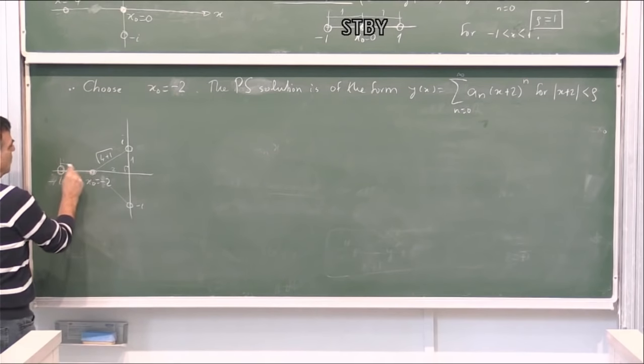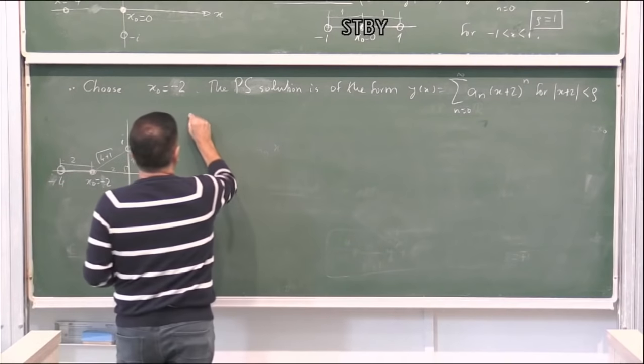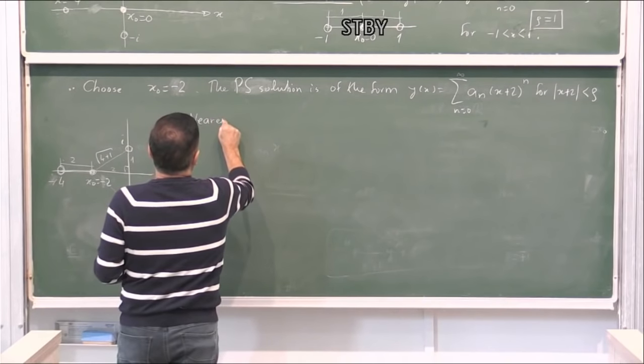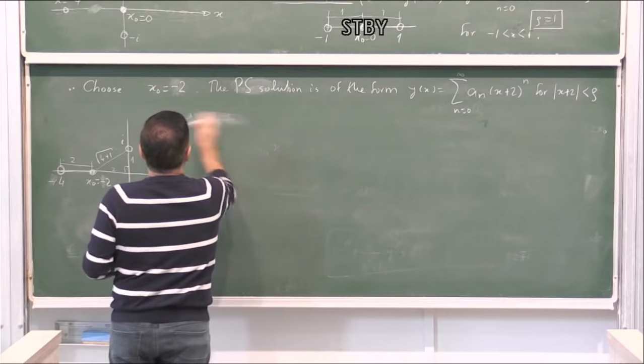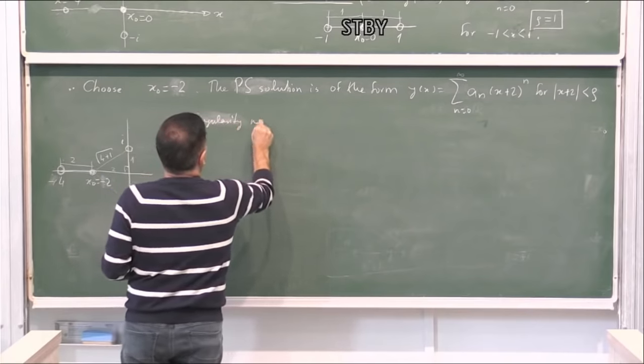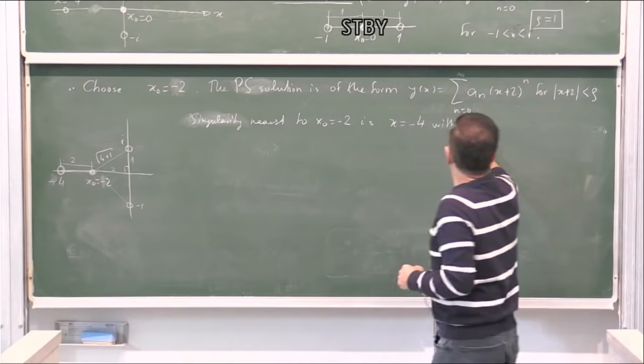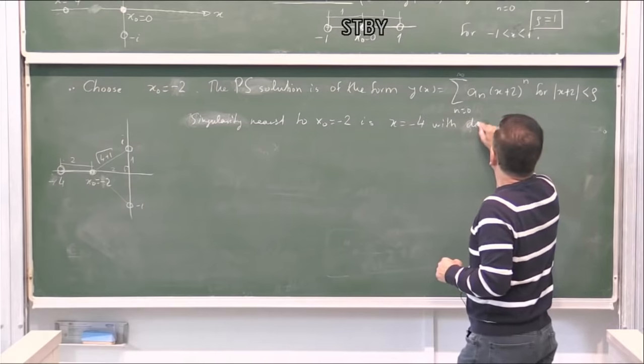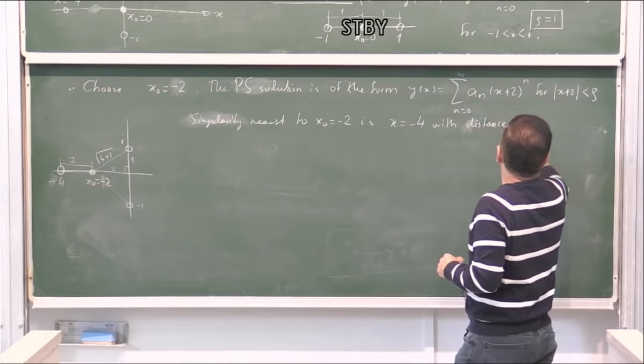Okay? So the singularity nearest to x0 equal to minus 2 is the singularity at minus 4 with distance 2 units.